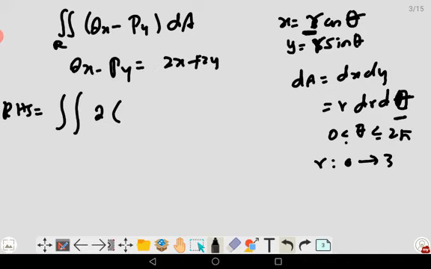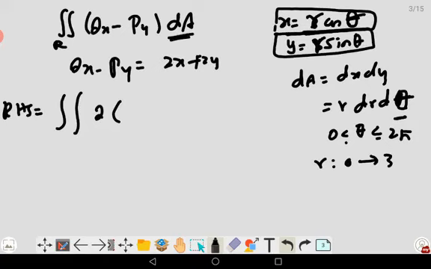Now we write the parametric form of the circle, x equal to r cosine θ, the polar form. We are converting this into polar form. Now you write x is equal to r cosine θ, which is r cosine θ plus r sin θ, because 2 has been taken as common, and dA. 2 is outside.